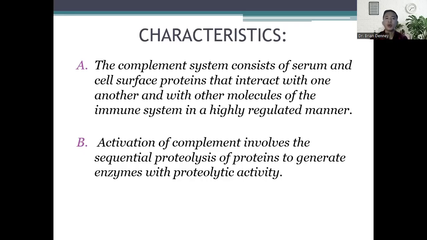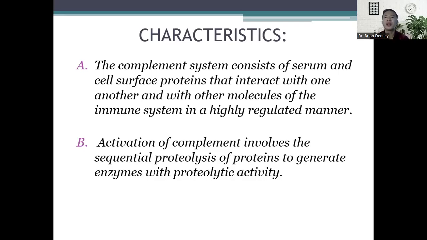Consists of serum and cell surface proteins. Again, remember your complement system is comprised of how many proteins again? More than 30 proteins. And what are the two subsets? Maybe soluble or cell-bound.